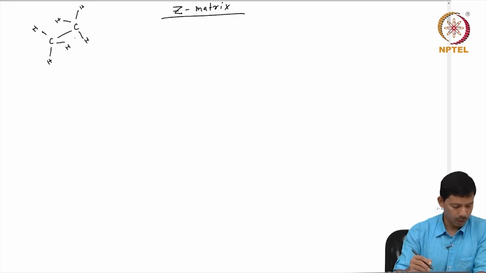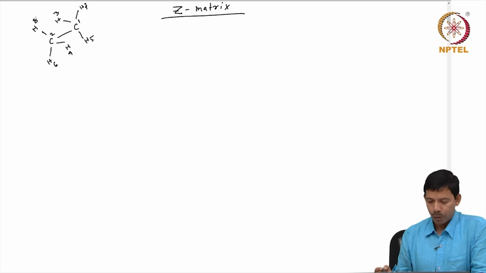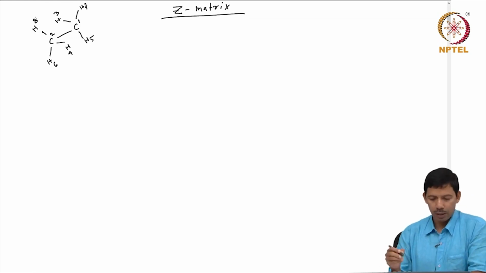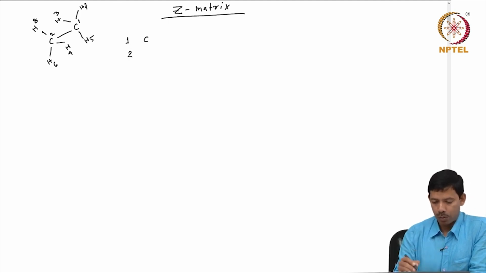I'll just name them atom 1, atom 2, atom 3, atom 4, 5, 6, 7, and 8. So to write the Z matrix, first I write my number 1 atom is carbon. Number 2 is also a carbon.